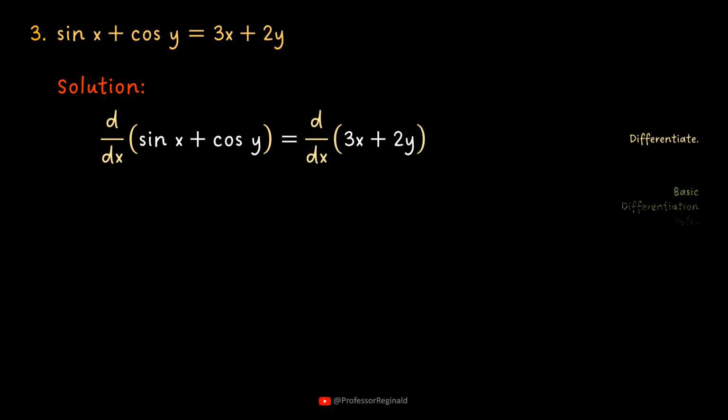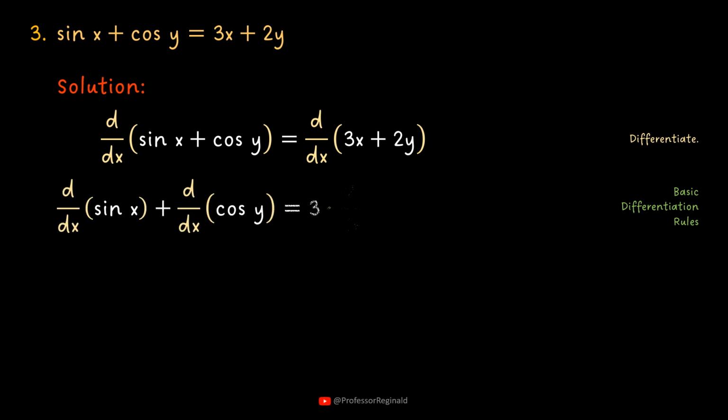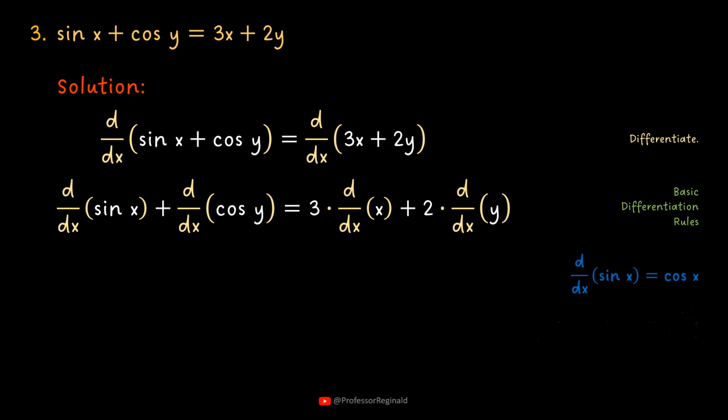Then apply basic differentiation rules. Differentiate the left side using trigonometric function rules. Remember to use the chain rule version when the variables do not agree.